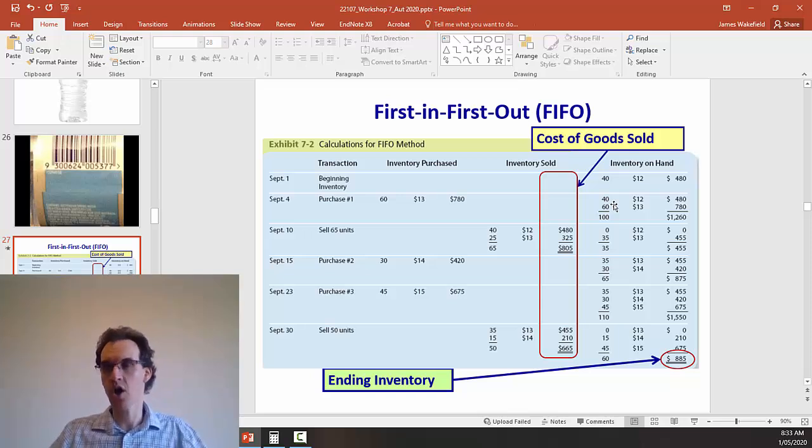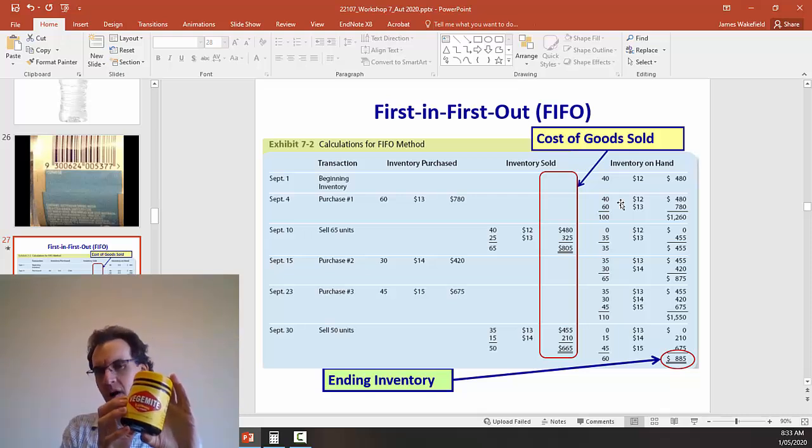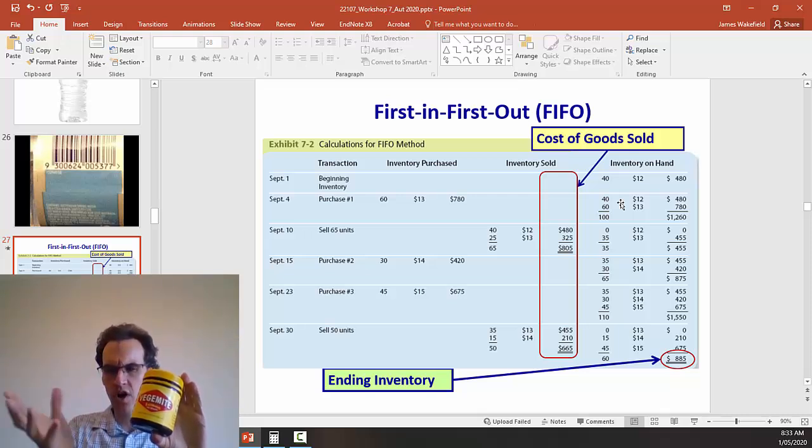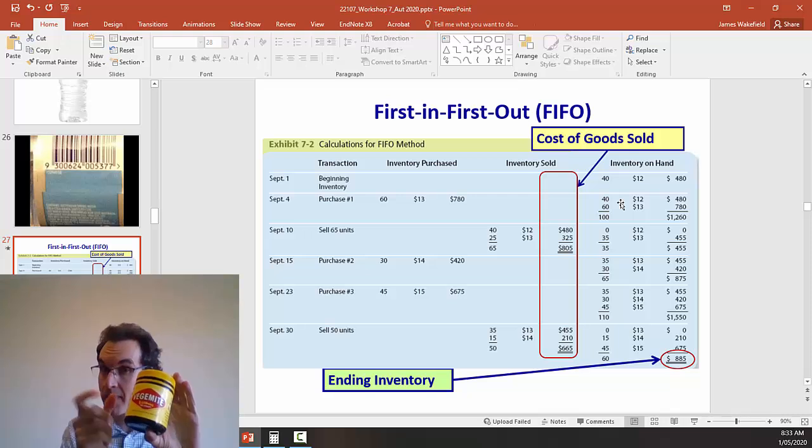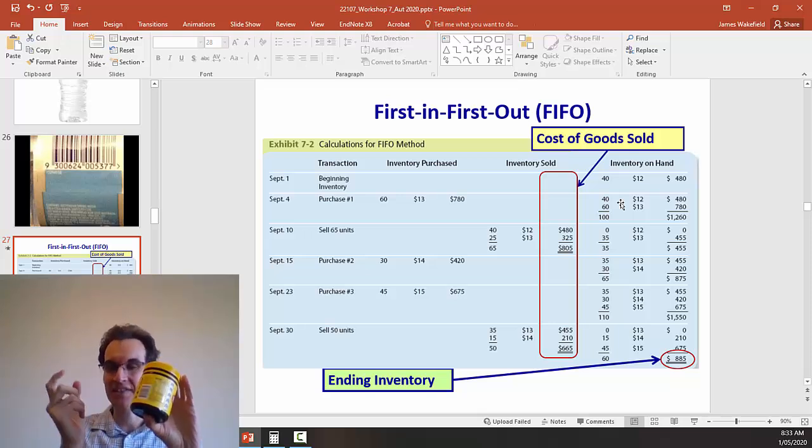Well, again, we don't know which particular batch that inventory is coming from because the barcodes on it are exactly the same. So just like if we have batch 1 of Vegemite for Aldi or Woolworths or Coles, batch 2, etc. They may have paid different amounts for this Vegemite, but the product and the barcode on the back is exactly the same. So how do we determine the inventory cost?